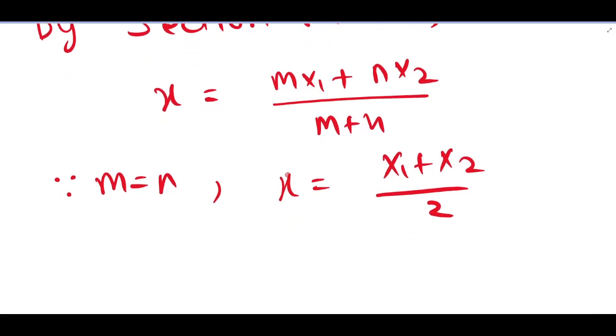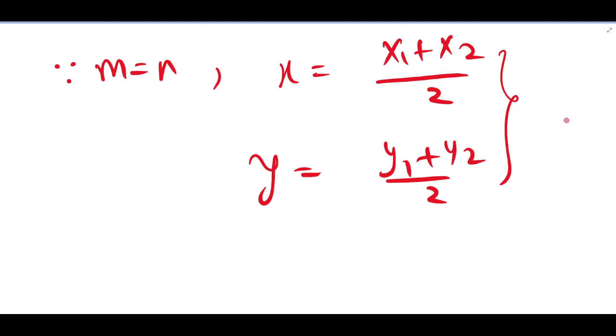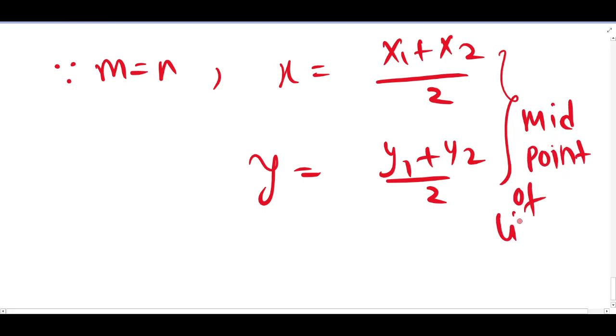Similarly, for y, we get y1 plus y2 divided by 2. So this is the required midpoint of the line segment. This is the midpoint of the line whenever m is equal to n.